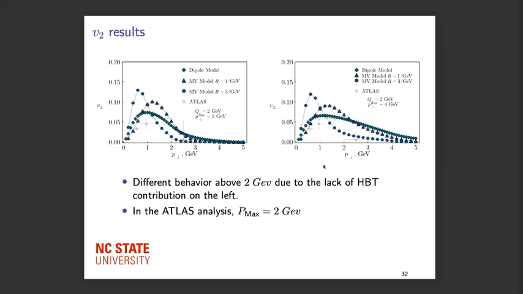What I was talking about is that in this figure, between 2 and 4 GeV, because you don't have HPT, it drops very fast. But here, because you actually integrate from 2 to 4 as well, you did include HPT. But why would the HPP at such a high pT actually have an effect?